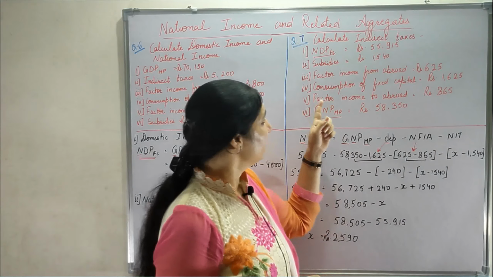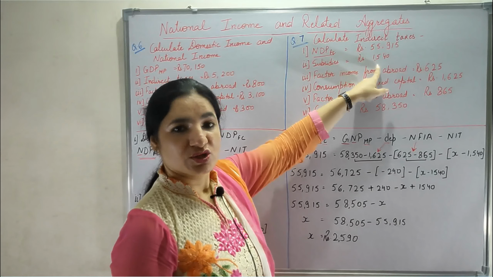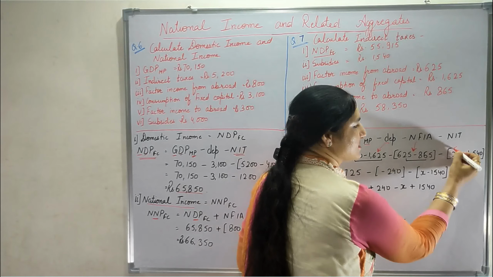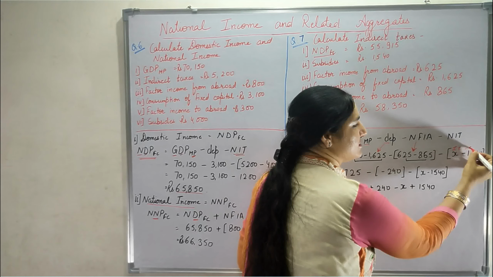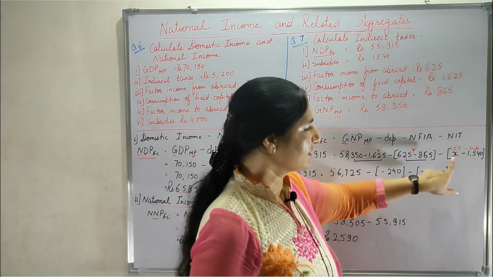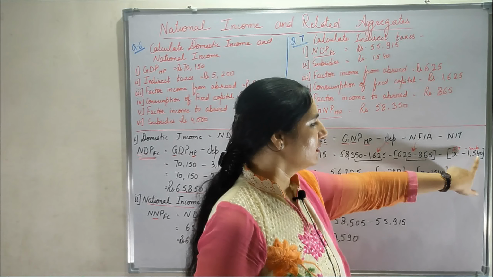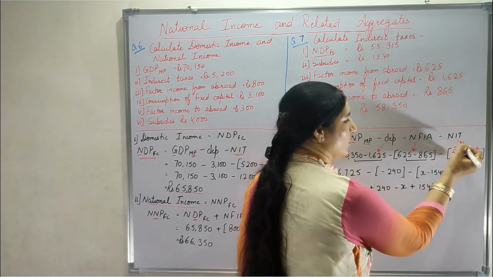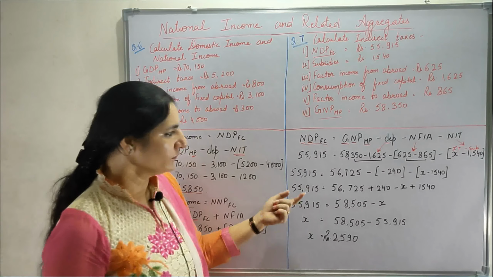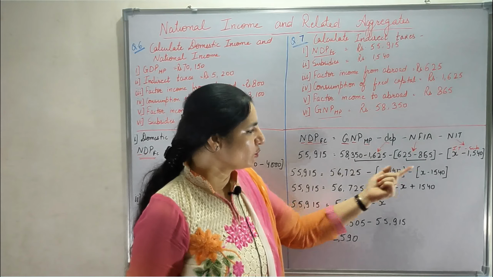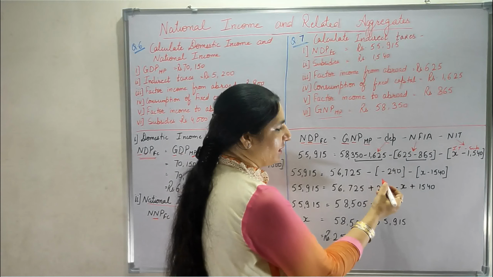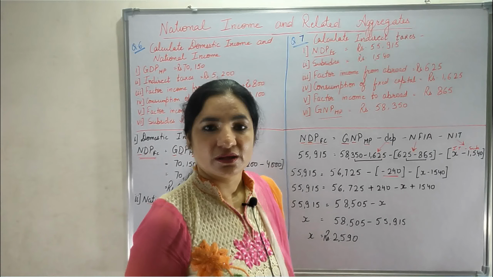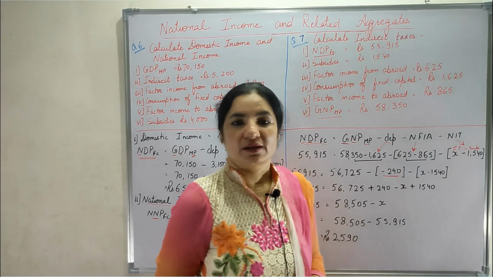So the value of subsidies is given. So let us take indirect taxes as X. This is indirect taxes minus subsidies. So indirect taxes are assumed to be X, minus we have deducted subsidies. So it is now equal to NIT. So solving this equation, we observe here that in this question NFIA is negative.